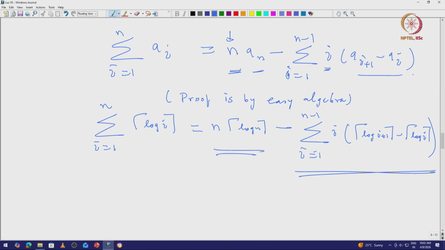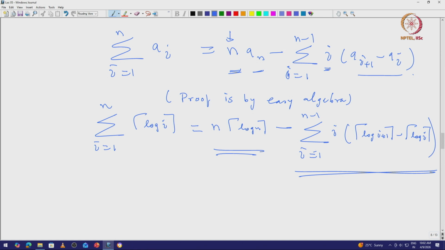How do I simplify this sum? This is an interesting sum. In this sum, you observe the following. If i is a power of 2, ceil log i and ceil log (i plus 1), we have already seen that.